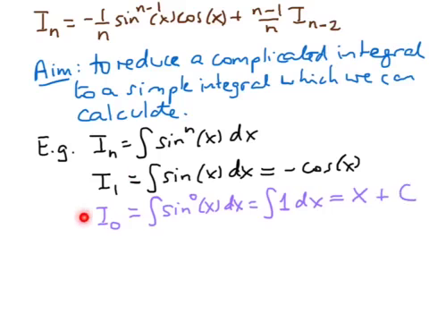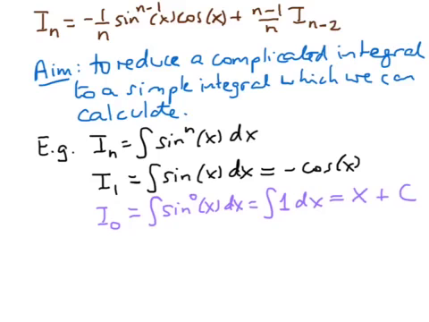So these two integrals, I1 and I0, for this definition are straightforward integrals which we can calculate, and this means that we can use our reduction formula to reduce and reduce and reduce as many times as we need to, and eventually we hope we can get down to this or to this, and then in that way we'll be able to calculate the integral.